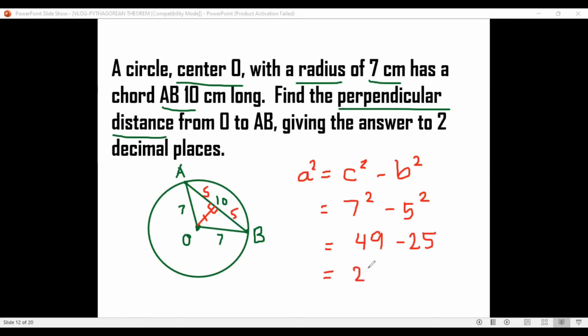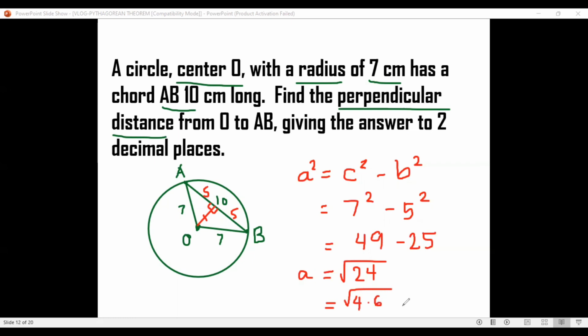Now, aside from the decimal form, instead of the square root of 24, which is now your a, you can simply rationalize. How do we do that? The factors of 24 with a perfect square are 4 multiplied by 6.